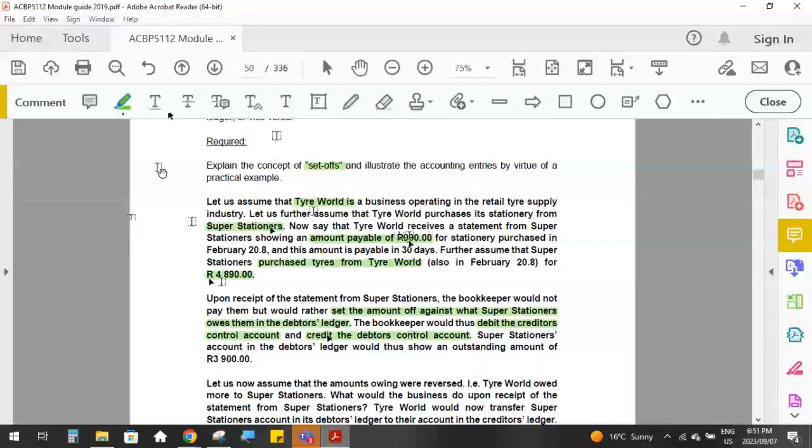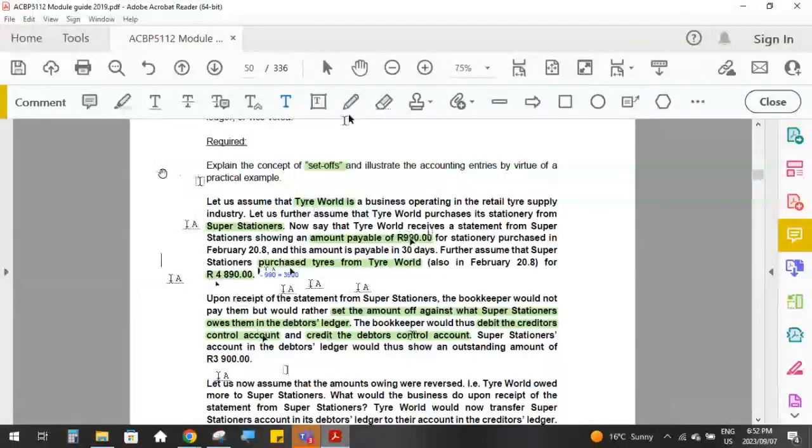So the 4890 is then going to be 4890 minus 990 Rand, which is 3,900 Rand. So now our books show Tire World owes Super Stationers 0, and Super Stationers owes Tire World 3,900. So we've set off the 990 against the 4,890 so that only one amount is owing.